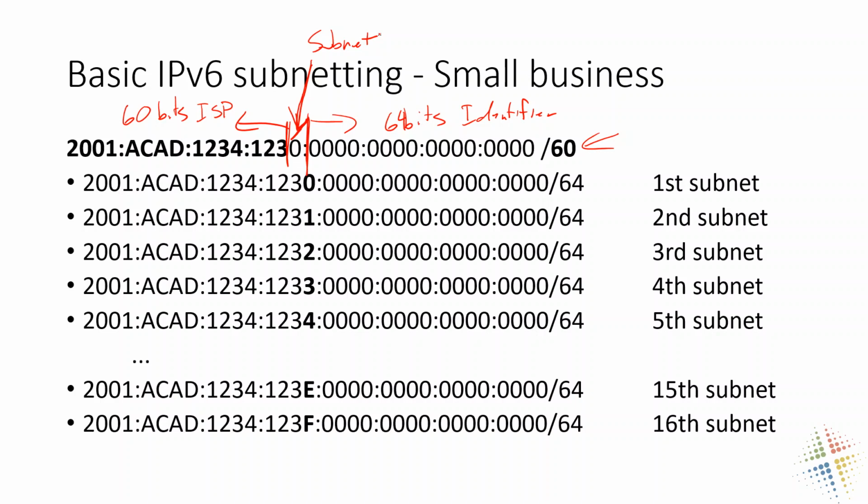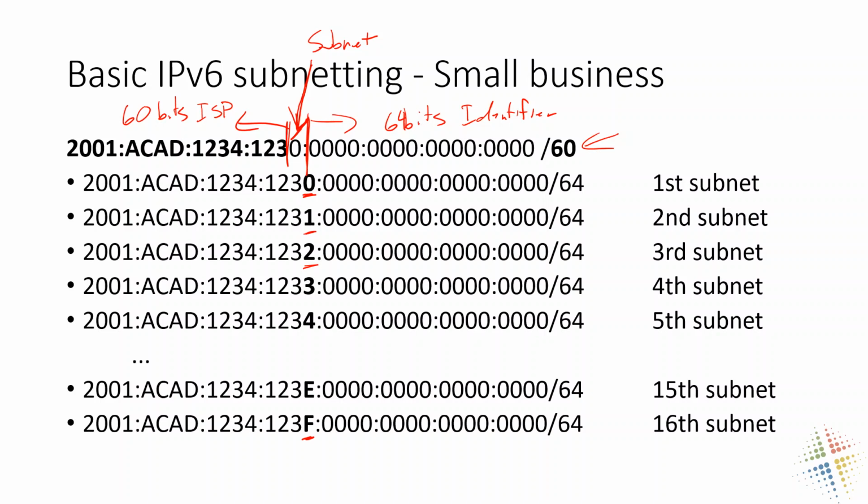And this is where working with nibbles makes life so much easier than working with bits. Because I'm able to use that one letter, that one location in there as my subnet, well, start out with 0 as my first subnet, 1 as my second, 2 as my third, all the way down to F. In hexadecimal goes 0, 1, 2, 3, 4, 5, 6, 7, 8, 9, A, B, C, D, E, F to be my 16th subnet.